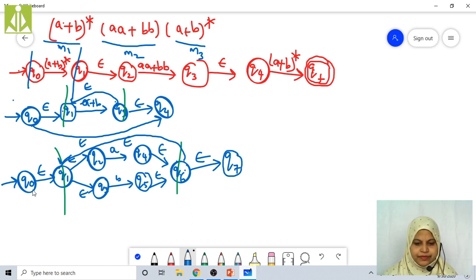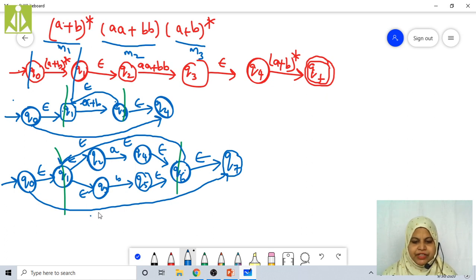So epsilon, this is Q7. Up to here completed. Every arc has a single symbol, A or B. This is A plus B whole star. Up to here completed. Now go for the next one.